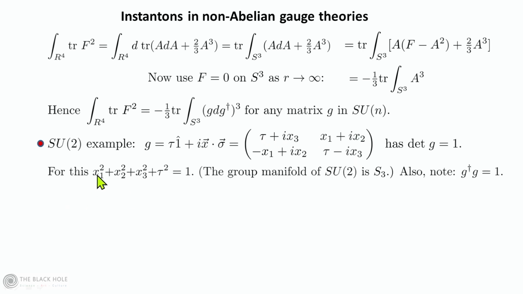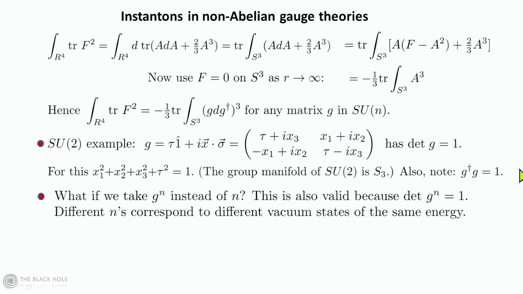That says that x1, x2, x3, and I could have called this x4, but we should maybe keep in mind that we're dealing with imaginary time, so keep it as tau rather than x4. Now that's the group manifold of SU(2). And of course, if you take this G and multiply it by its conjugate, you'll get 1. That comes from this condition here. Okay, so that gives you an example.